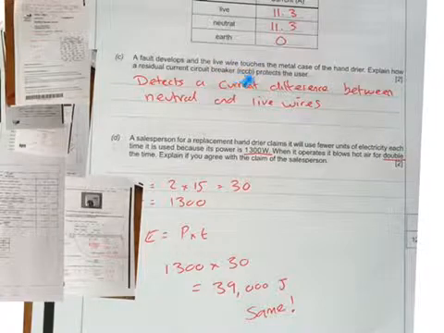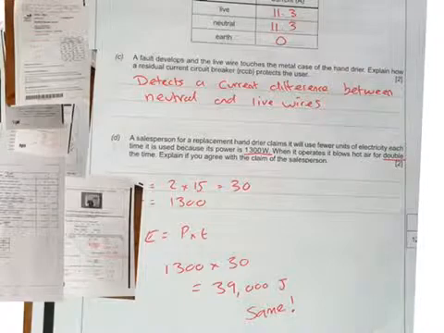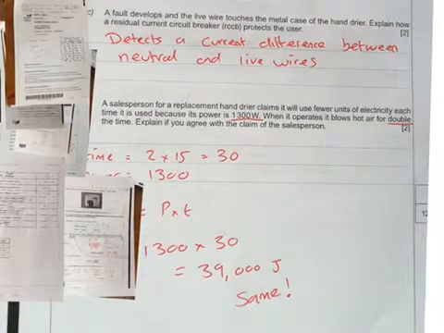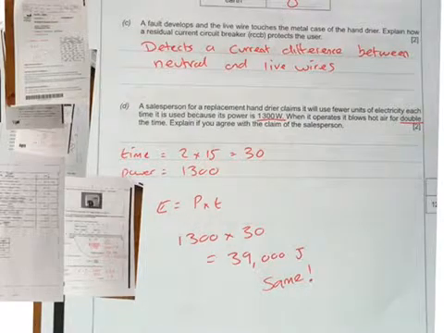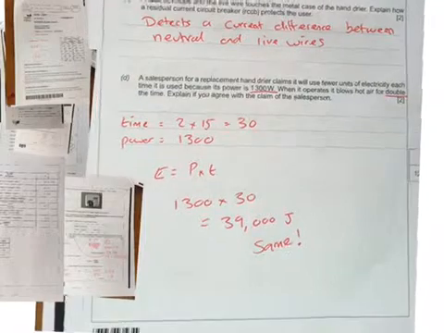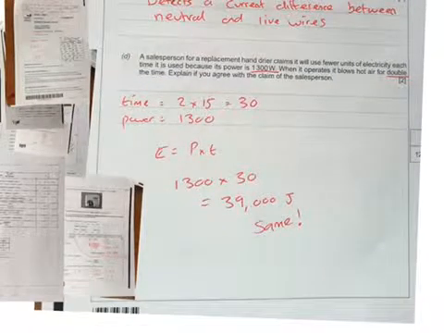Whereas the RCCB protects the user because it detects small fluctuations in the current between the 2 wires. So this is a much safer unit to use. And if you were asked the advantages of an MCB over a fuse, MCBs can just be switched back on. You don't actually melt any wire there.